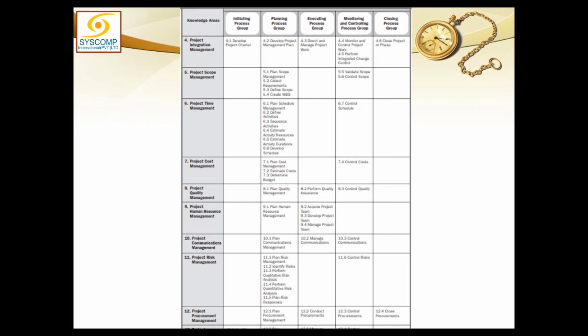So in all the process groups, whatever the integration process is, it has to take the responsibility of everything else happening in that process group. So in planning, we have planning going on for scope and time and cost and everything. All these plannings have to be integrated into one project management plan. Similarly, in execution, you may have many other processes working, but they all are subordinate to the direct and manage project work process.